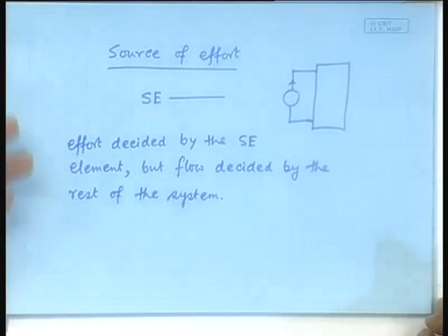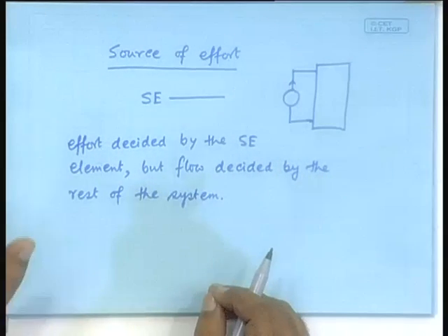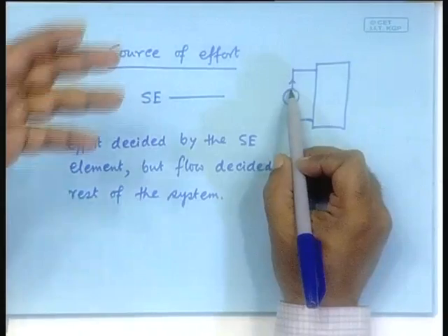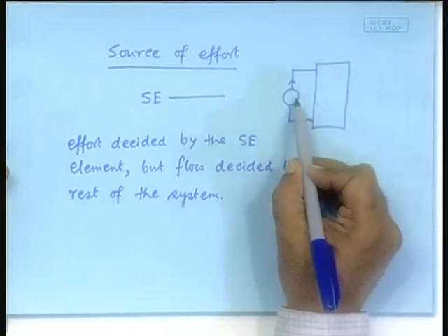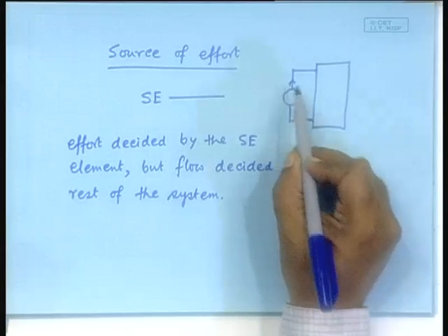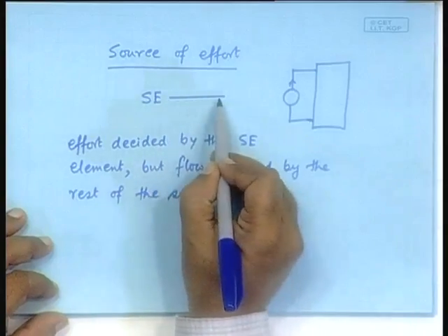So, something being a source does not mean that it can decide everything. It can decide only the effort information. Remember, effort information. How much power will ultimately flow also cannot be decided entirely by this element, because that has to take into account the flow information, and the flow information is decided by the rest, not the SE element. So, I am slowly coming into the special properties by which the flow and the effort are related in every bond.